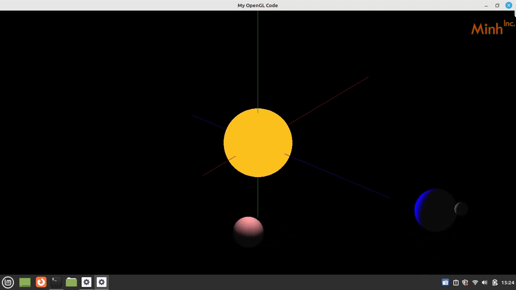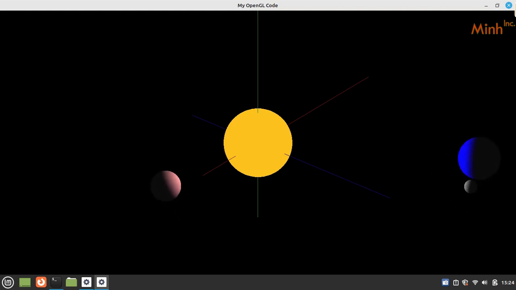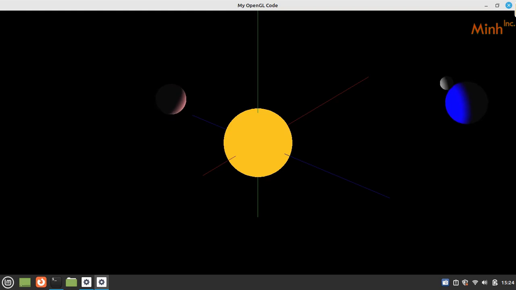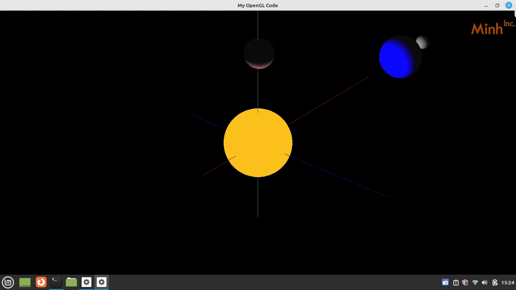a planet and its satellites. So this would draw like that. Okay. So the idea is that these shapes, right now we are using a solid sphere.